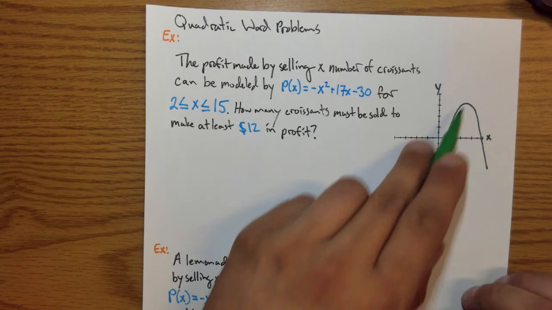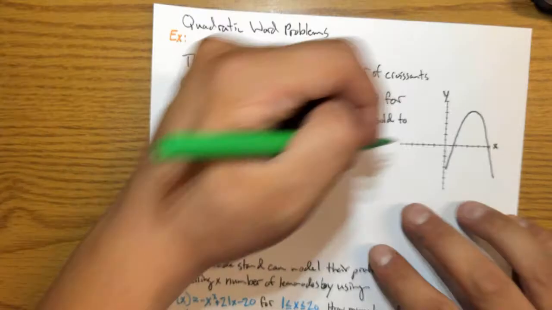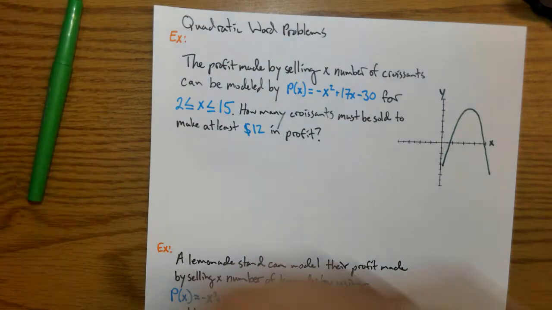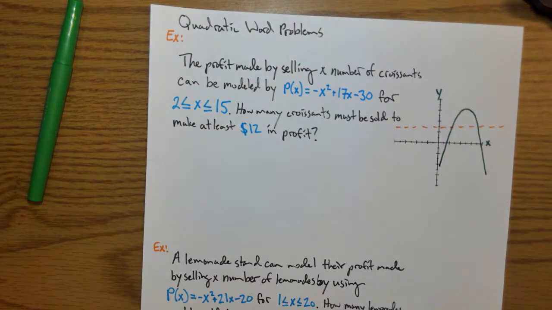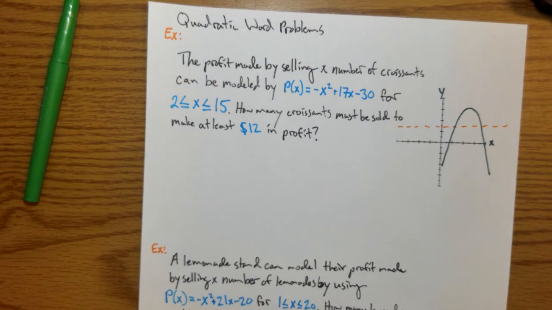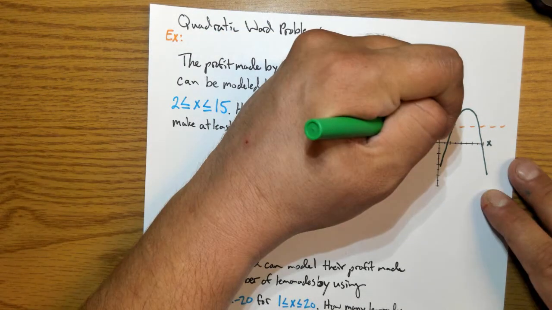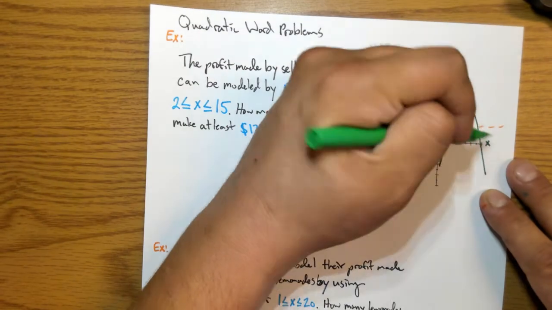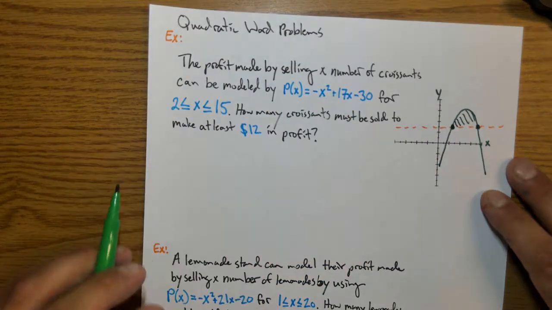But if we have a function like this and we want to make at least $12 profit, well, that's some y value, isn't it? So that's going to be a y value that looks like this. So our answer, when we want to make at least that much money, is going to be from here to here. It's going to be this whole area, right?